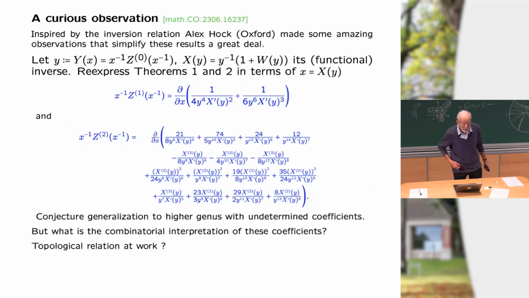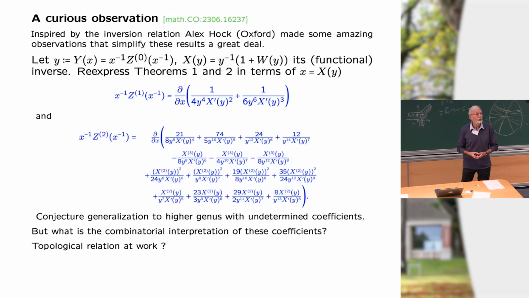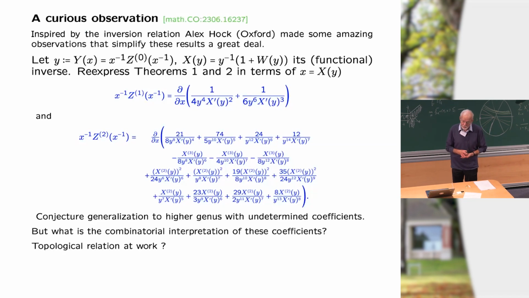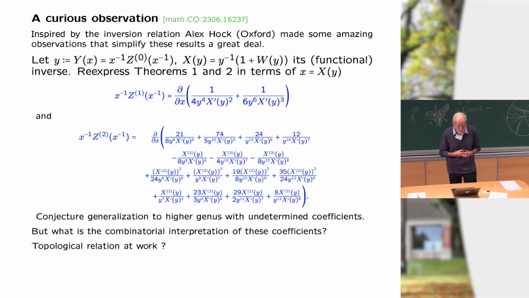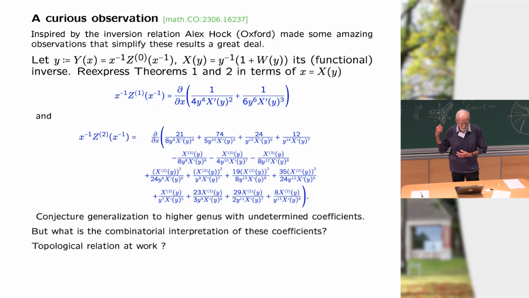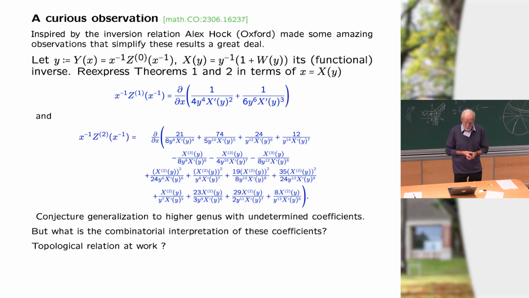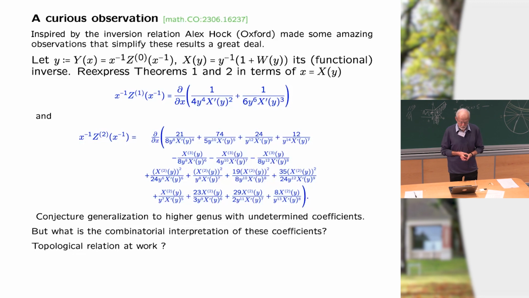Now, let me come to something which is fairly new and quite intriguing. After I posted my paper, because the second paper is slightly different, I received a mail from a young guy in Oxford, Alex Hock, apparently a young German fellow, a postdoc at Oxford, who made a very curious, very empirical, but quite amazing observation on these results.